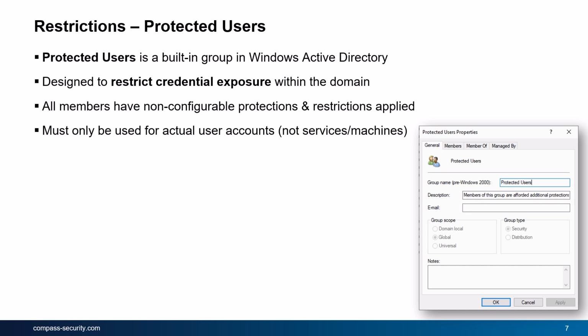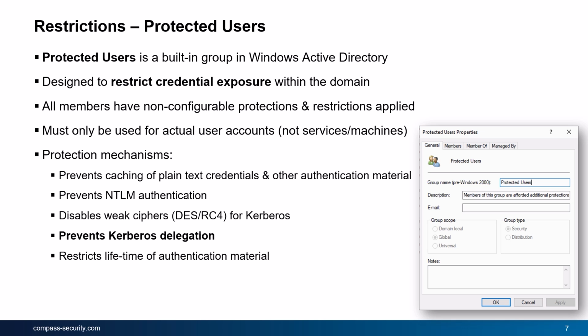which are normally desirable for those kinds of accounts. If we look at the mechanisms that are actually applied, essentially it's preventing caching of credentials, be that plain text passwords or other authentication material like NT hashes and so on in the cache of a system. It will also disable NTLM authentication. So this protocol, the NTLM protocol, cannot be used anymore to authenticate.